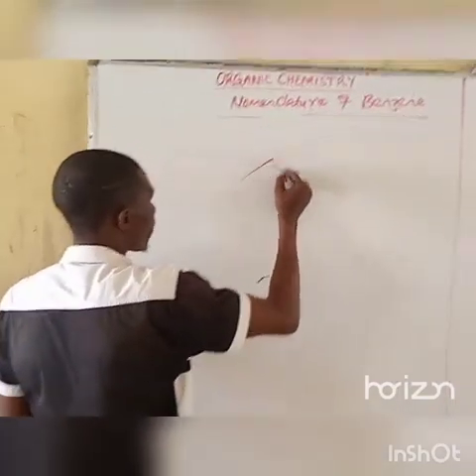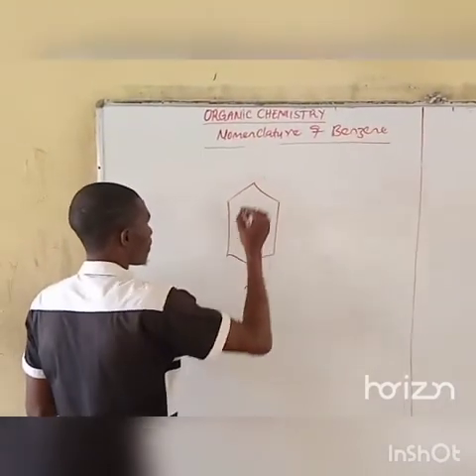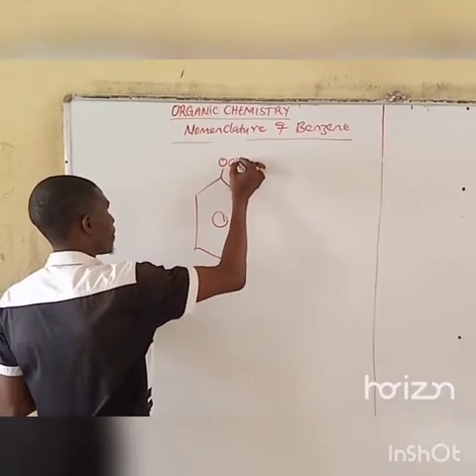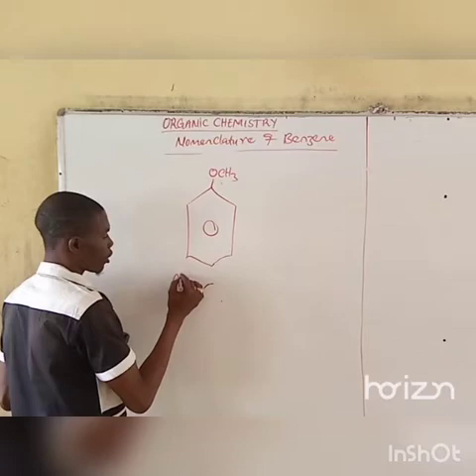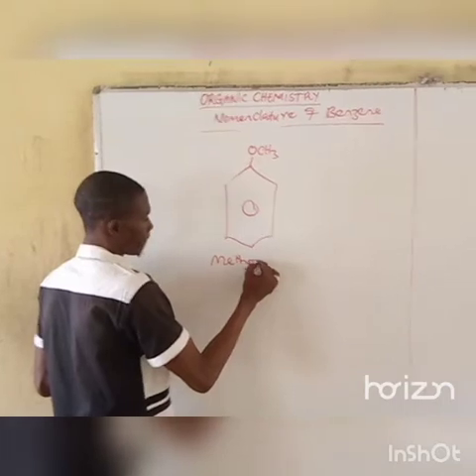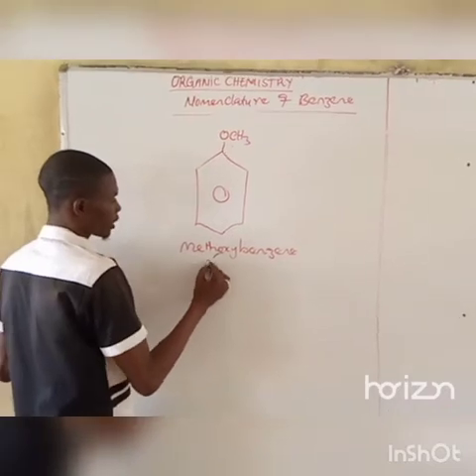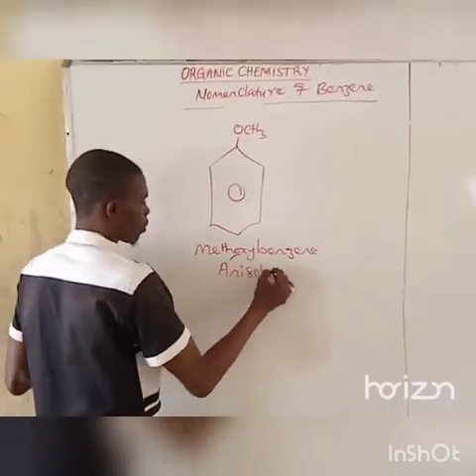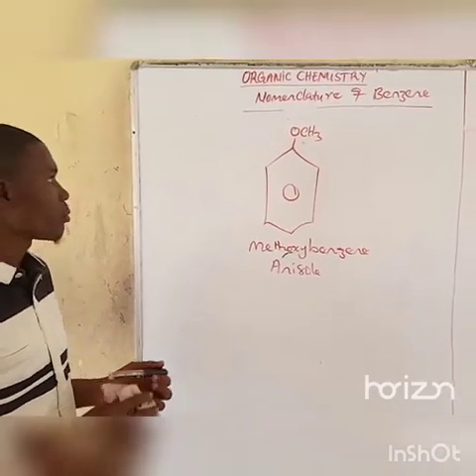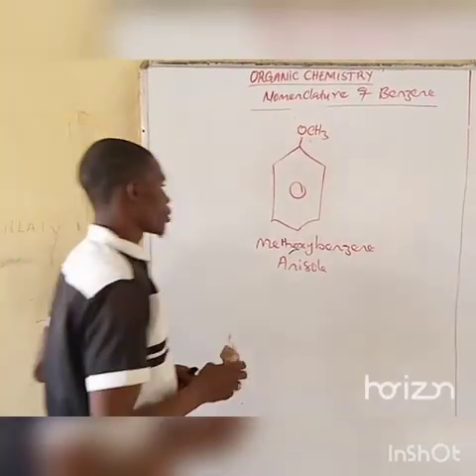Then we have this, called methoxybenzene, or you call it anisole. So either you call it anisole or you call it methoxybenzene: the benzene attached to OCH3.